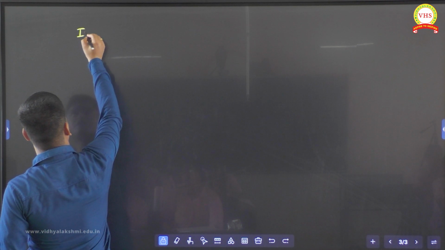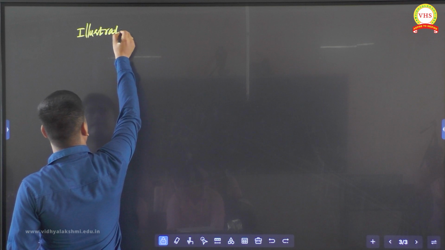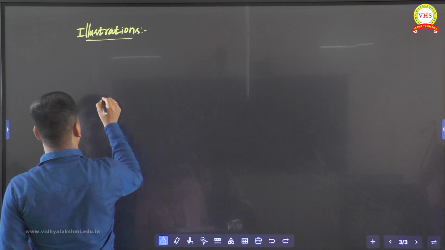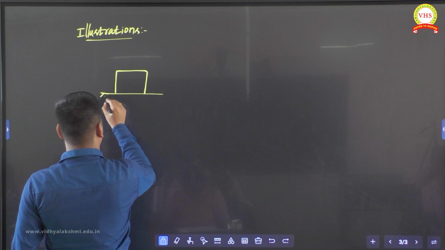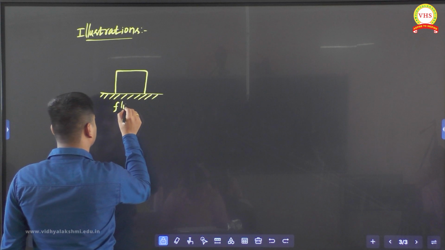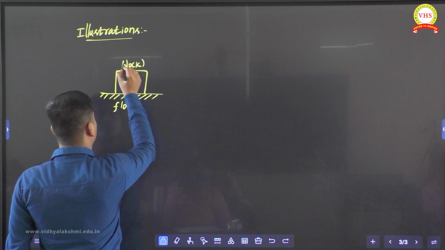On the illustration, listen here. Suppose one object is there. This is the floor. This is the block.